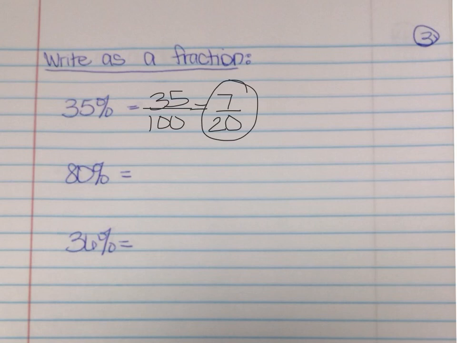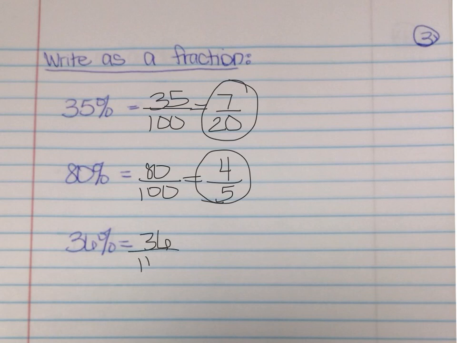80% is going to be 80 over 100. And again, we have to reduce it to simplest form. So we're going to reduce that down. 20 actually is the greatest common factor there. So we're going to reduce it to 4/5. Okay, and 36% is 36 per 100.